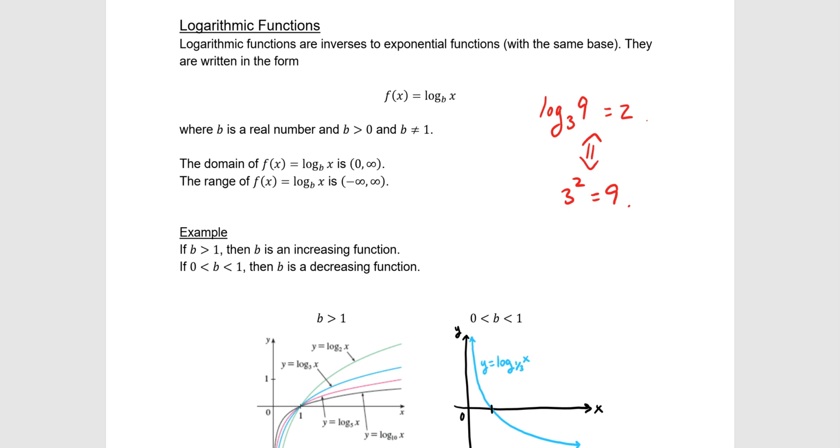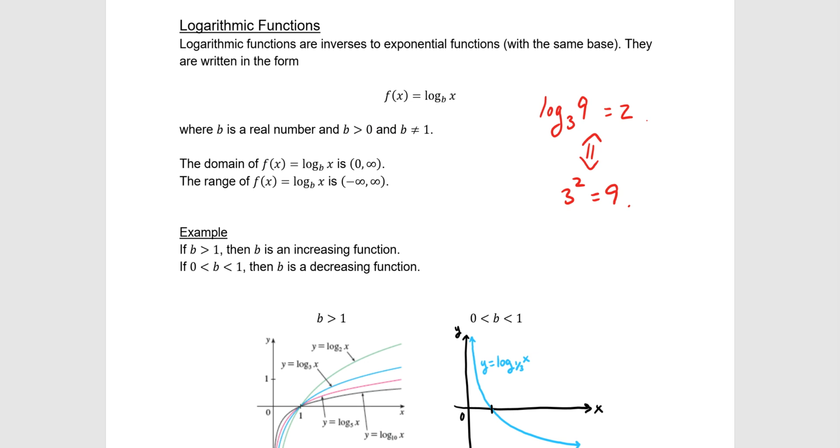And what we have here for the function form of it is f of x equals log base b of x. Make sure you know how to read it like that. That b, the base, is a subscript, and the x is the input to the log. Okay, and b has to be positive, and it cannot equal 1 for the same reason, essentially, as the exponential on the previous page.